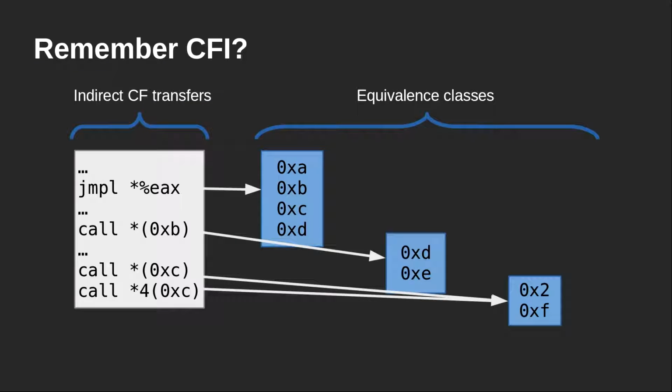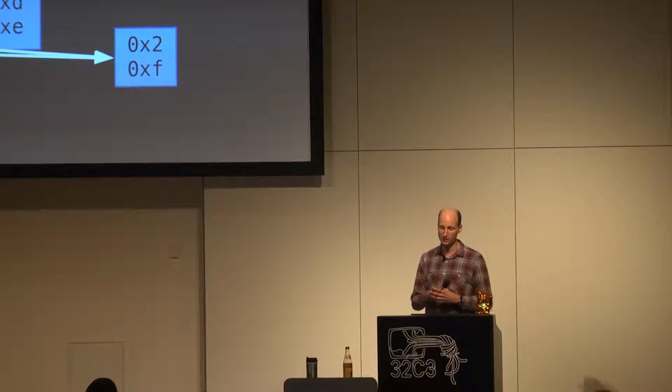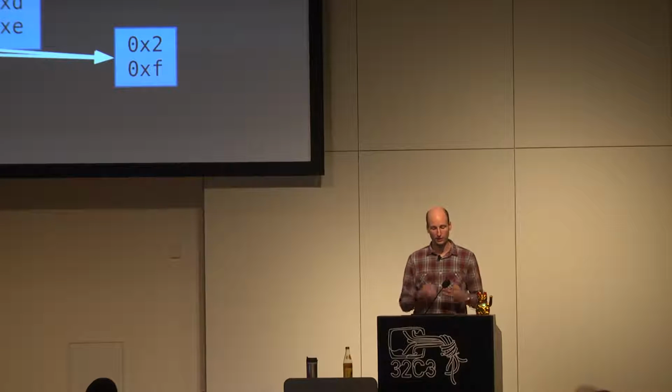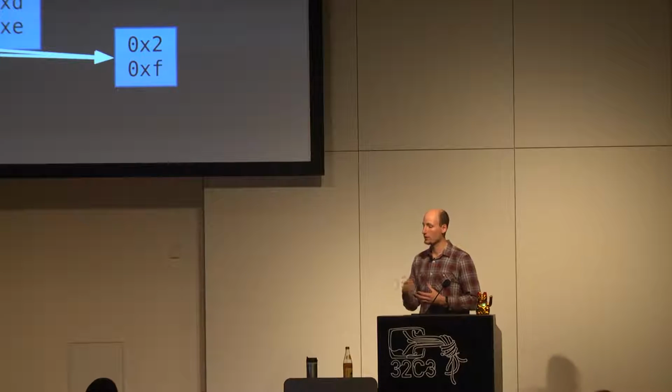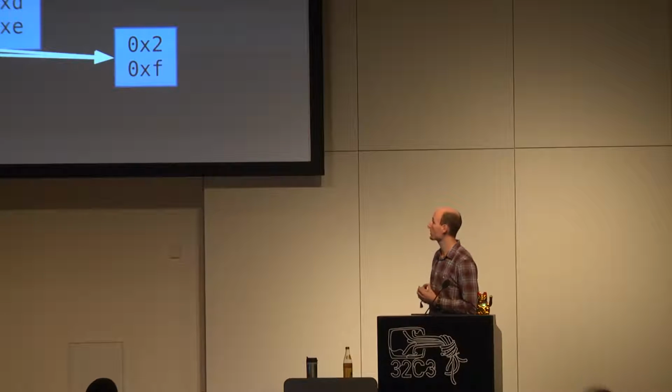Any control flow integrity analysis will return a set of equivalence classes. An equivalence class contains a set of targets that are allowed at specific locations. And here in this example, I'm showing 3 different equivalence classes. And the last 2 call instructions are using the same equivalence class.